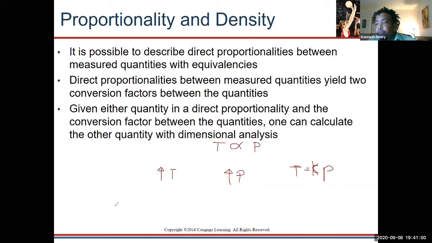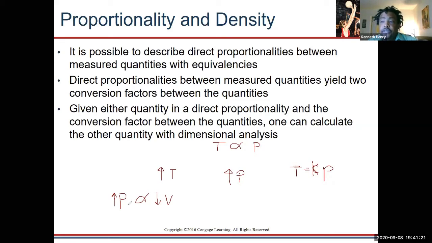And let's say pressure and volume: as pressure goes up, volume goes down. As volume goes up, pressure goes down.